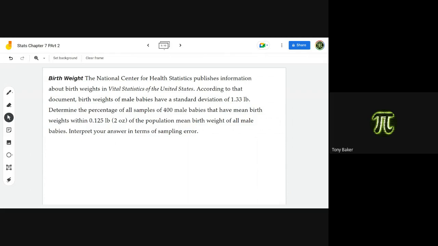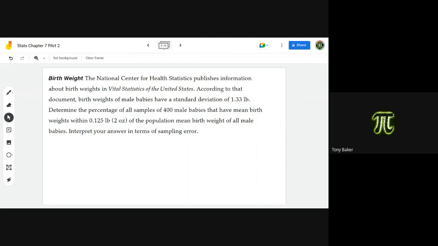All right. Do they tell you the mean birth weight? No. Okay. So we're going to start to look at why, in essence, it doesn't really matter, and how we can do all this stuff without actually even knowing what the mean birth weight is.